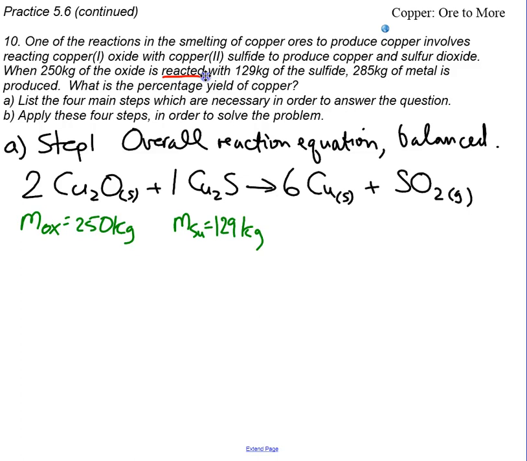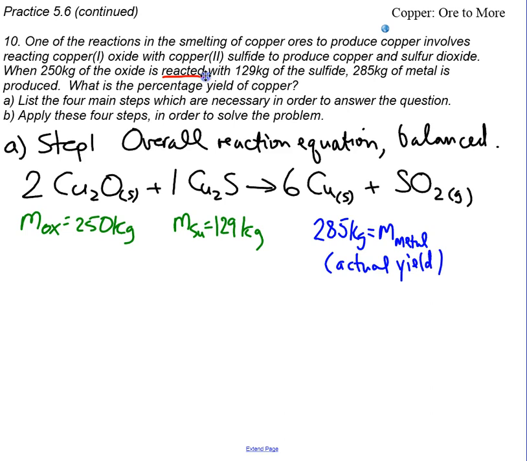We don't know which of these two is going to be completely consumed. We can write down the amount of metal that we produce as a result, we get 285 kilograms. That's the mass of the metal, and of course, that is our actual yield. Okay.